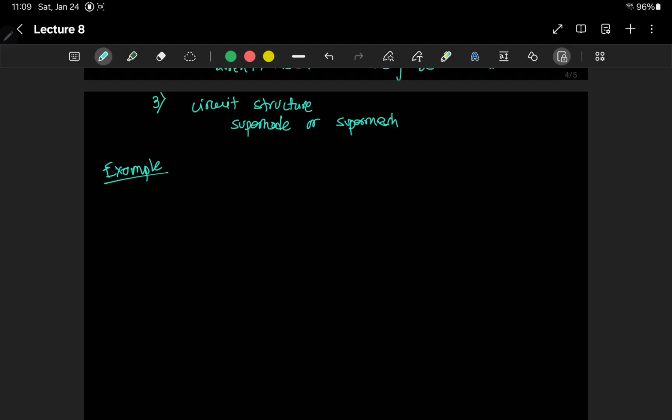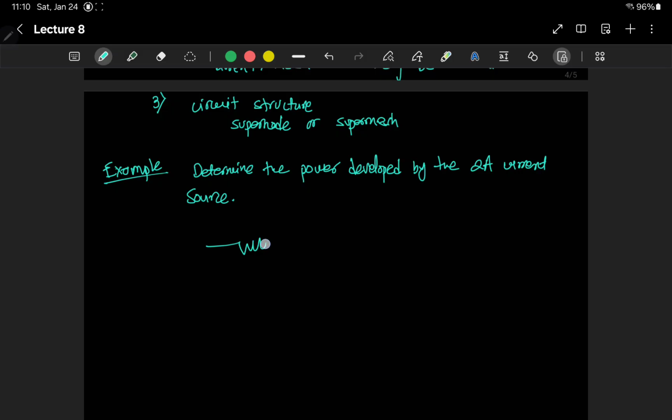Here we are asked to determine the power developed by the 2 ampere current source, and the circuit diagram is like this.